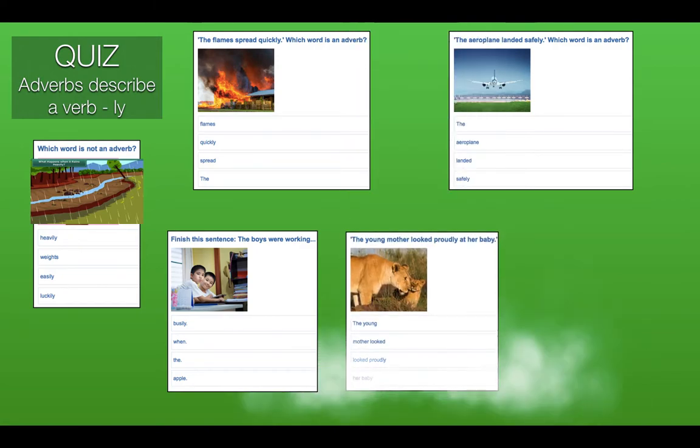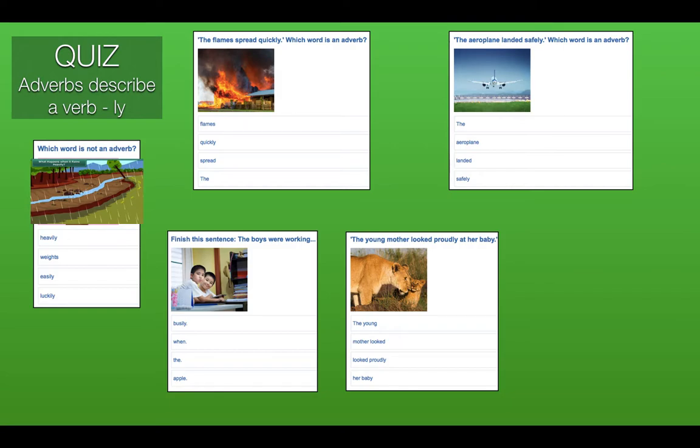And finally, the young mother looked proudly at her baby. So which 2 words are the verb and the adverb? So remember, the verb is the doing word and the adverb describes the verb.